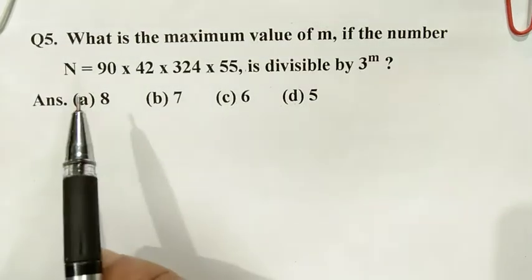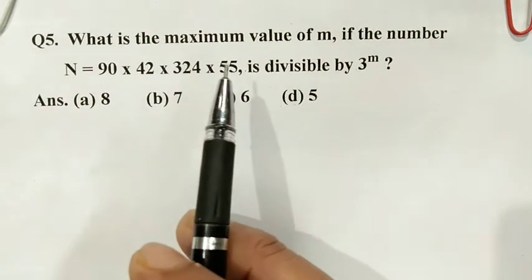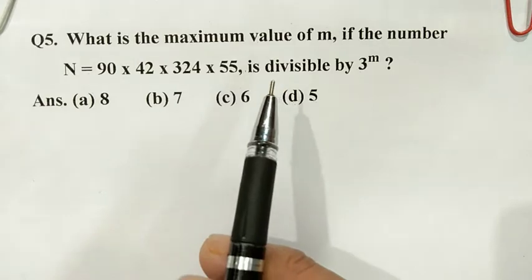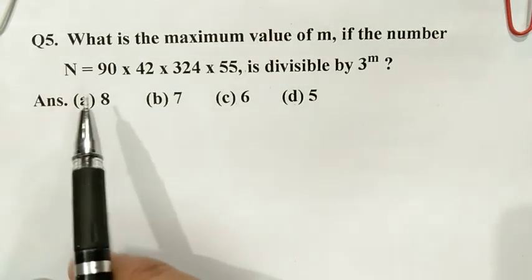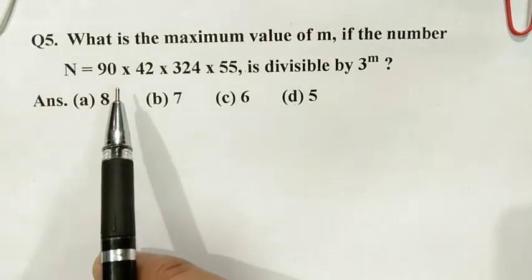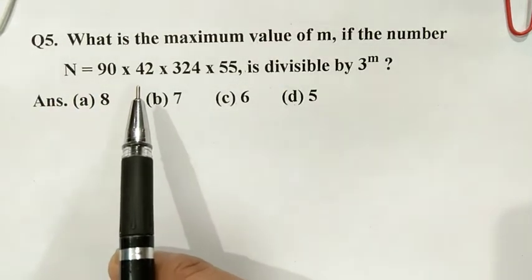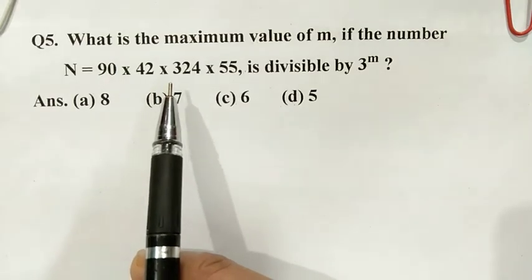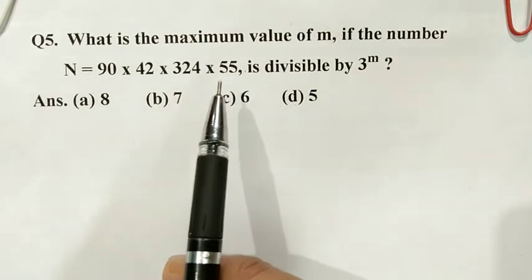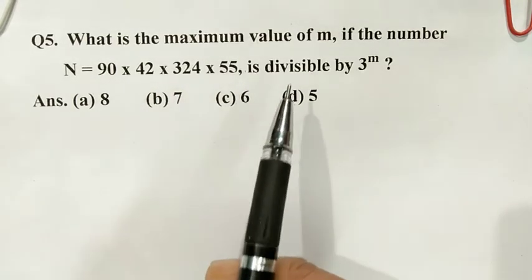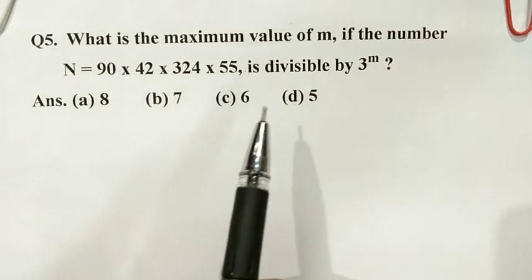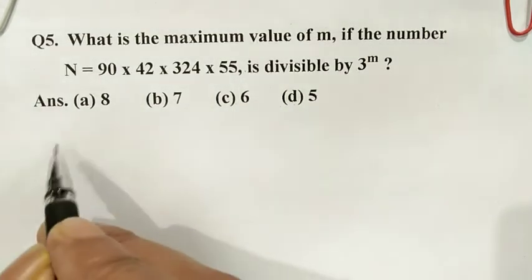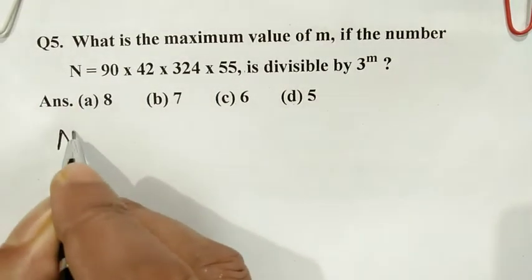Next question. What is the maximum value of m if the number n equal to 90 into 42 into 324 into 55 is divisible by 3 to the power m?